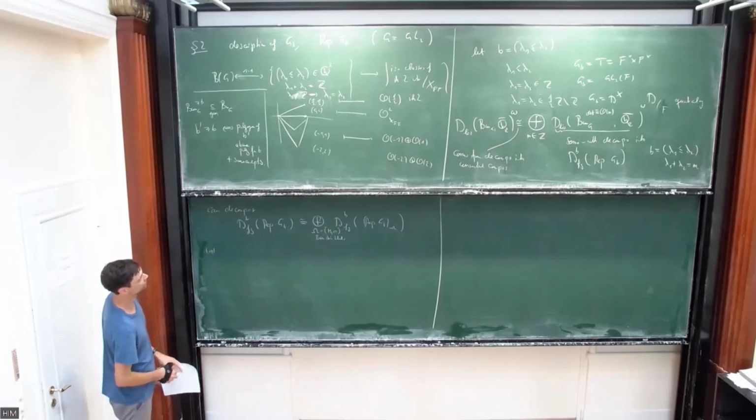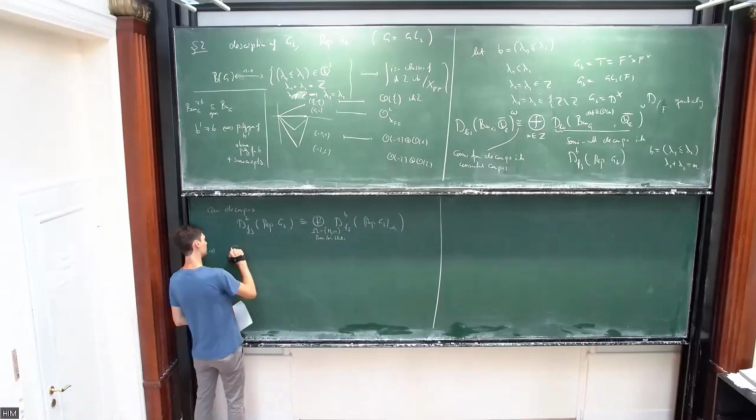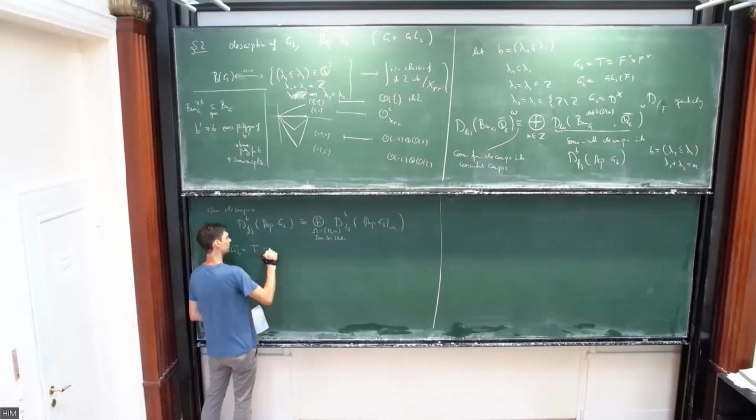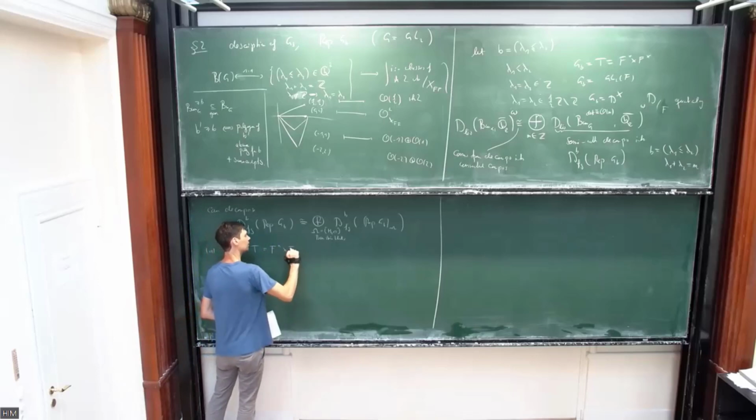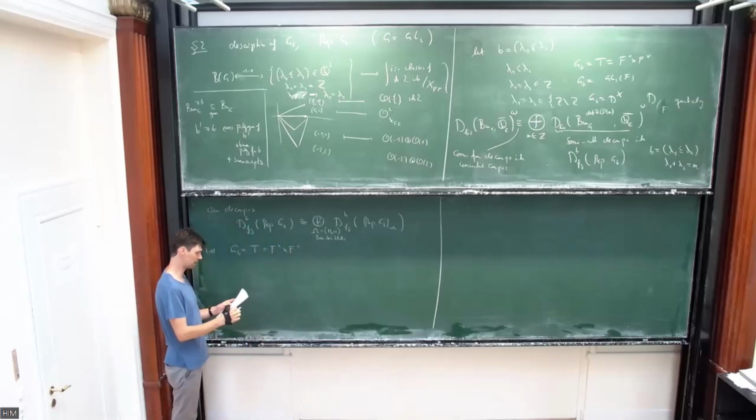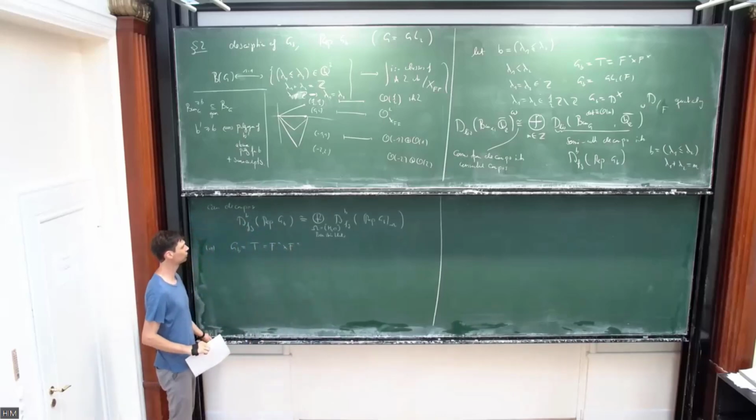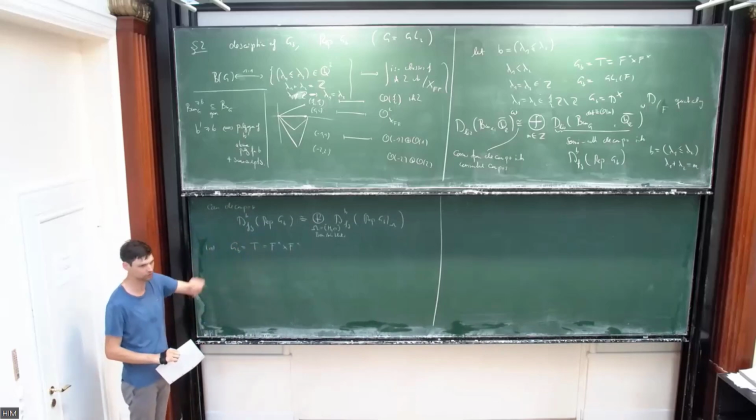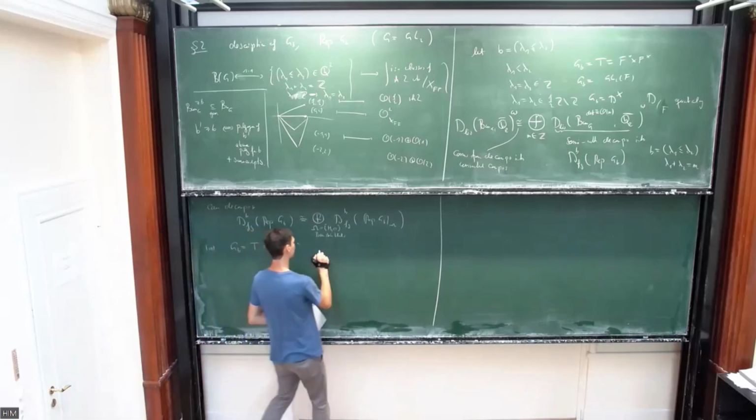In two of these cases, it's rather boring. So let's say I'm the torus, so F star times F star. So obviously there's no smaller Levi, so all blocks are supercuspidal.